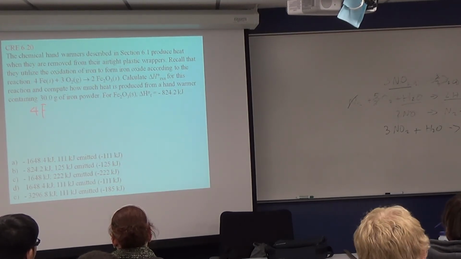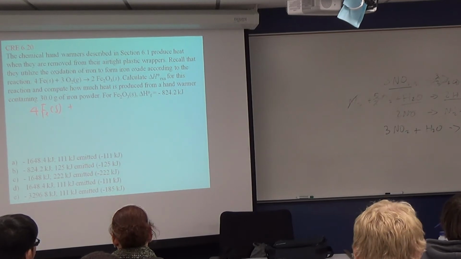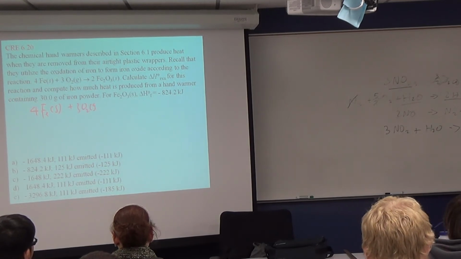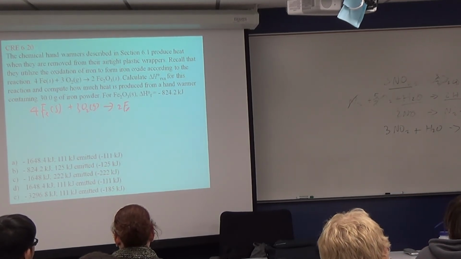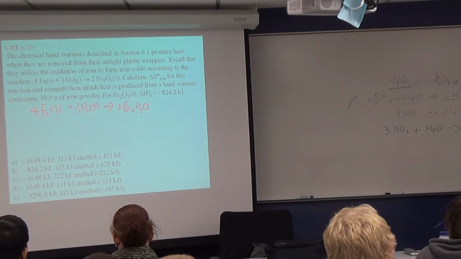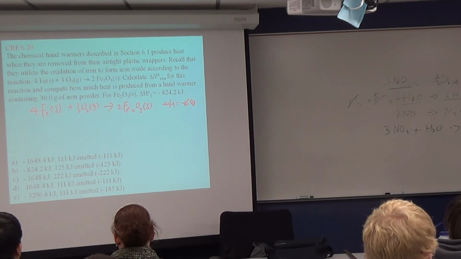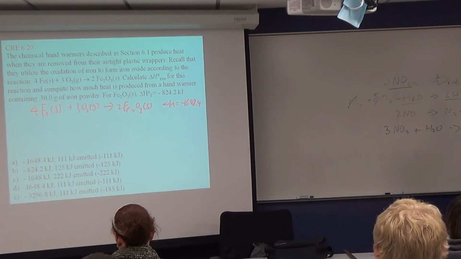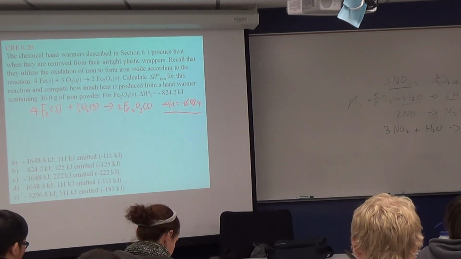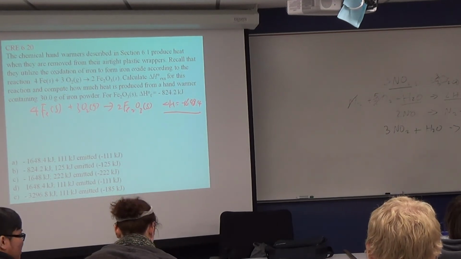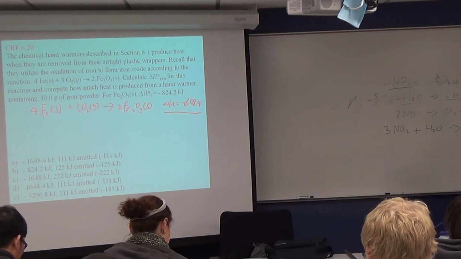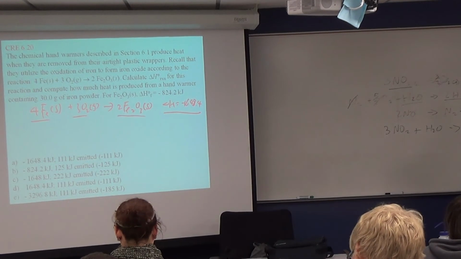We have 4 Fe solid plus 2 O2 gas yields 2 Fe2O3 solid. And this one has delta H equals negative 1.48/4. Right? So once you have this number, you can pair this number with any of those 3 guys.